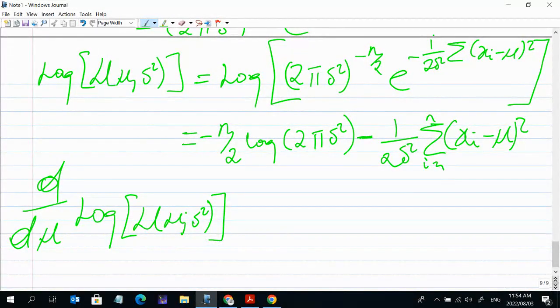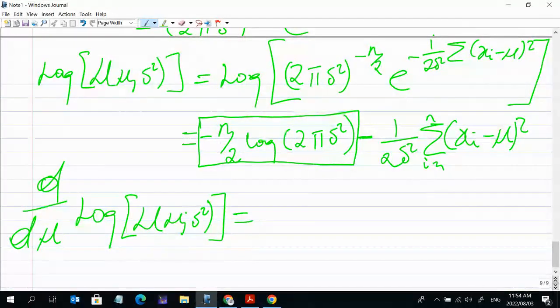Sigma squared is a constant here because we are differentiating with respect to mu. So when we differentiate this guy with respect to mu, you can see that there's no mu here, which means this guy is a constant and the derivative is 0.